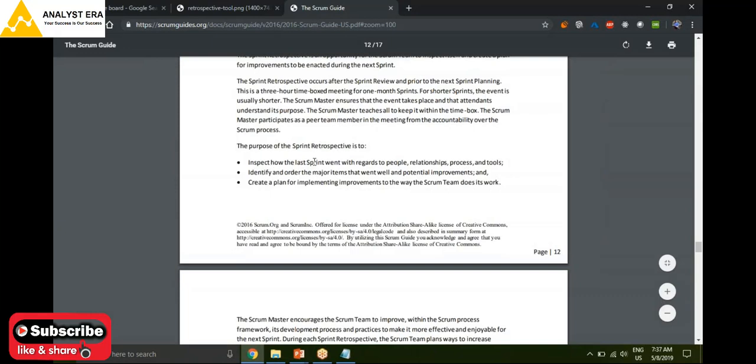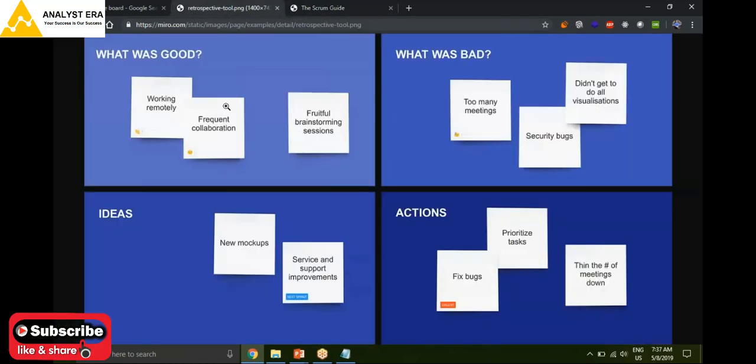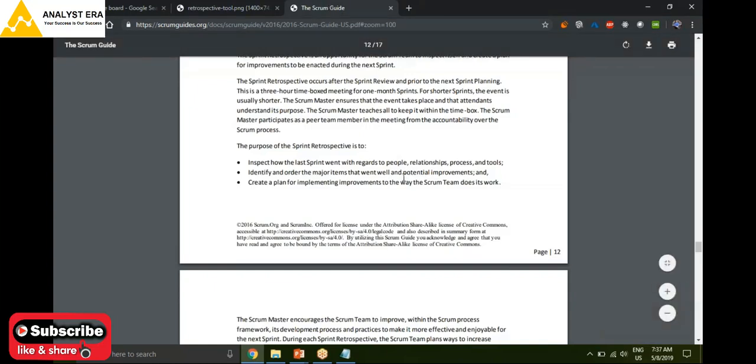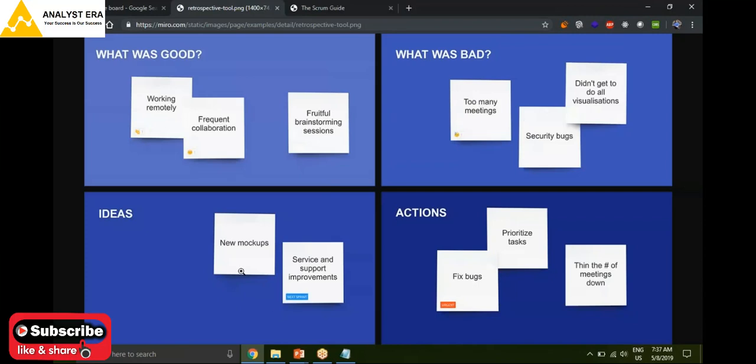The purpose of the retrospective: inspect how the last sprint went, identify major items that went well, that is what is good, and the potential improvements which we can make. So where will the improvements go?